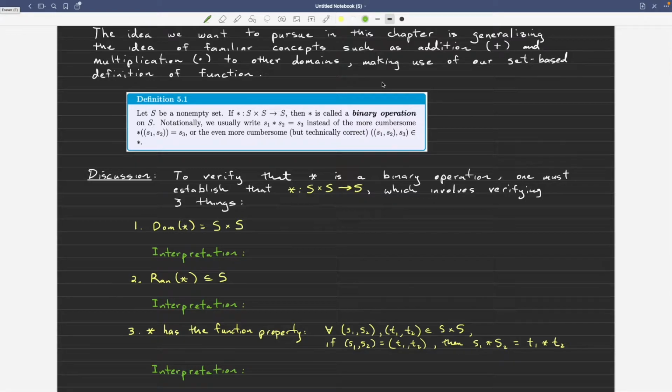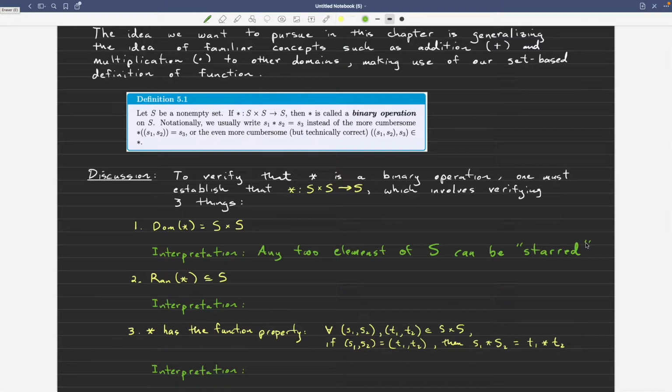So when we say the domain of star is S cross S, the interpretation there is that any two elements of S can be starred. I know that's not a very technical term, but the idea is that you give me S1 and S2, I can do S1 star S2. That somehow makes sense. It's not some undefined operation.